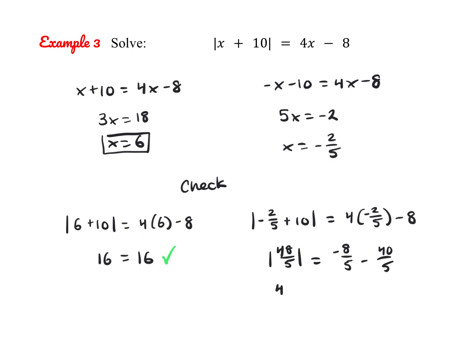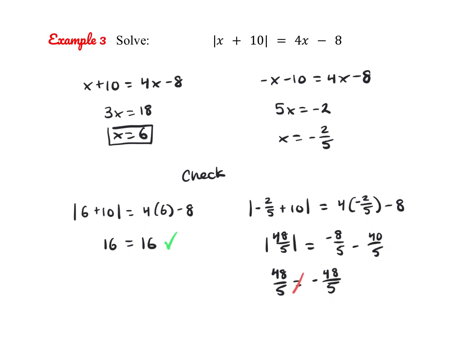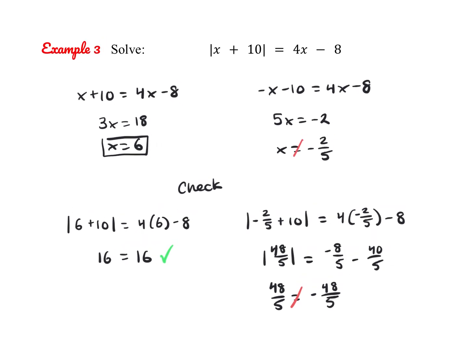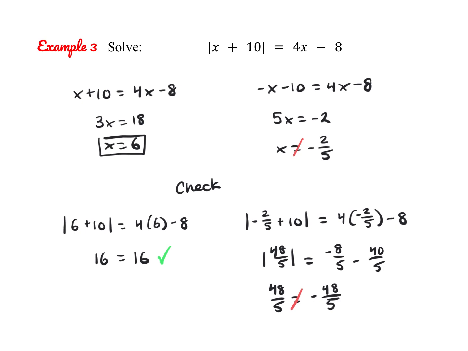So this gives us 48/5 equals negative 48/5. So this is not a true statement. So in this case, negative 2/5 is actually an extraneous solution. So that's why it is important that we check all of our answers. It is possible that we do all of our algebra correctly, but one of the solutions is not actually valid for our equation.